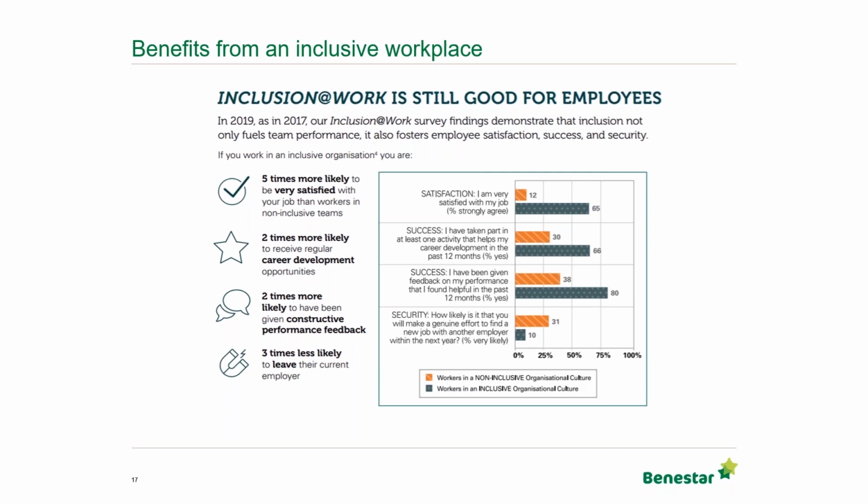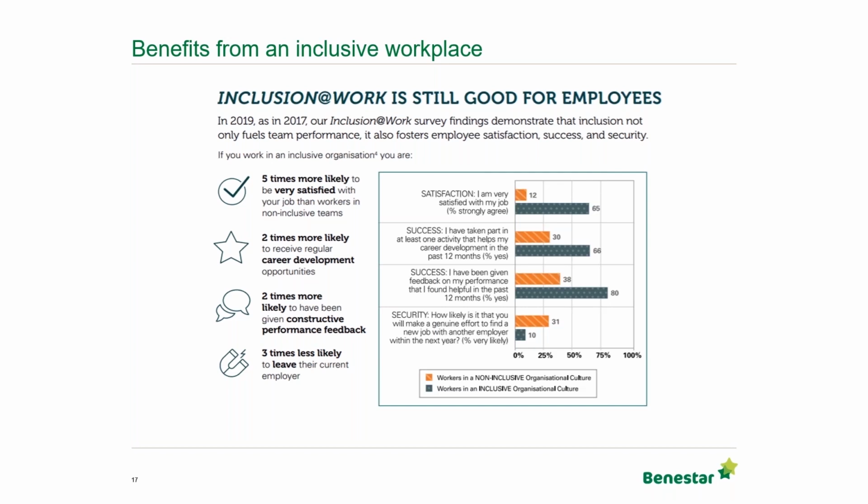Just looking at some of the stats here that were found, you can see here the orange represents workers in a non-inclusive organisational culture, and that grey colour represents workers who do identify as working in an inclusive organisational culture.